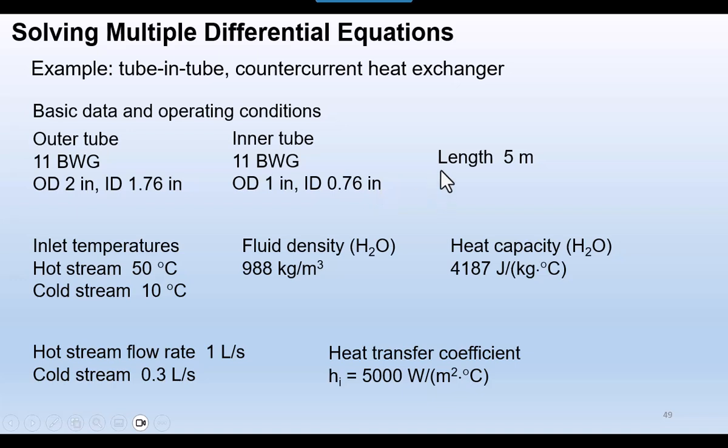And then the length of the heat exchanger tube is 5 meters, all right? And we have our operating conditions of the hot stream coming in at 50 and the cold stream at 10.